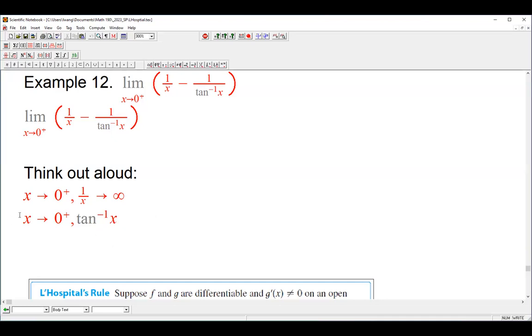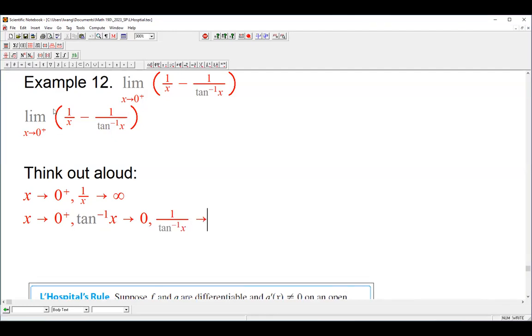When x is approaching 0, arctangent x approaches 0 as well. If arctangent approaches 0, then 1 over arctangent will be approaching infinity. In fact, it approaches positive infinity.